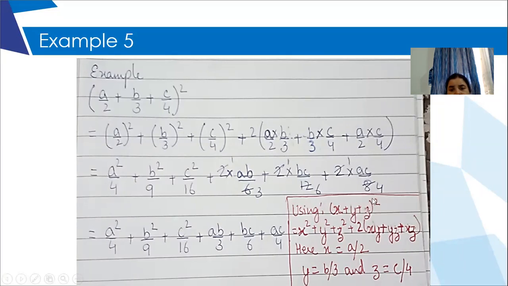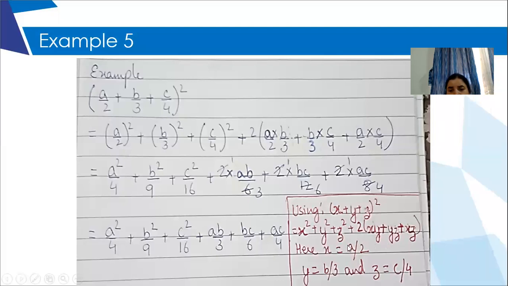And square is here also, and square is in the identity also. So first thing, I applied the correct identity, and next thing is I will write the spread of that identity: x square plus y square plus z square plus 2 within bracket (xy plus yz plus xz).